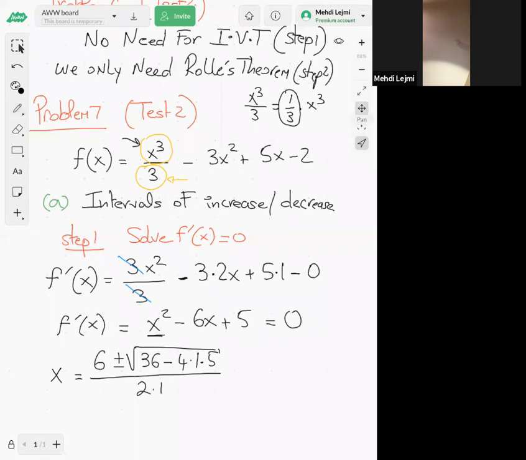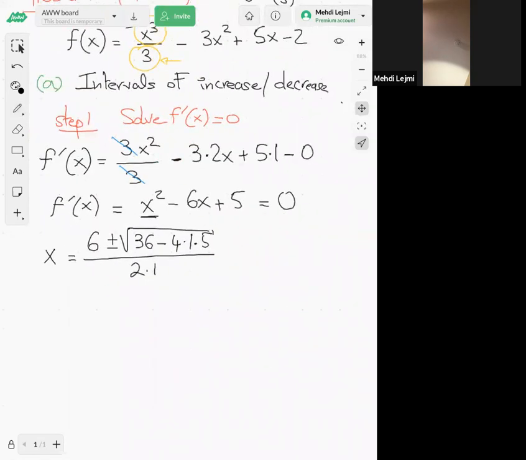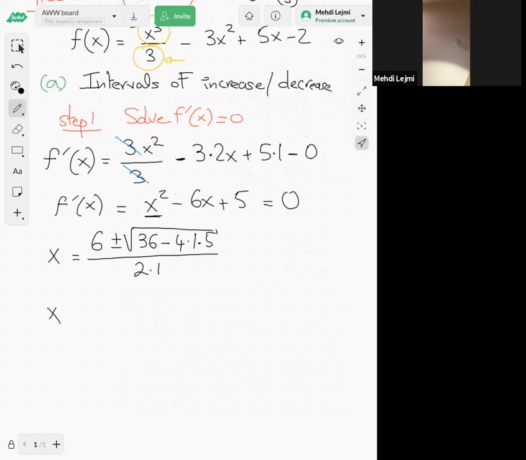So then your x is plus or minus. So this is 36 minus 20. So 36 minus 20 would be 16. Square root of 16 is 4. So it's 6 plus or minus 4 over 2. So x is 6 plus 4 over 2. You do the top, that's 10 over 2.